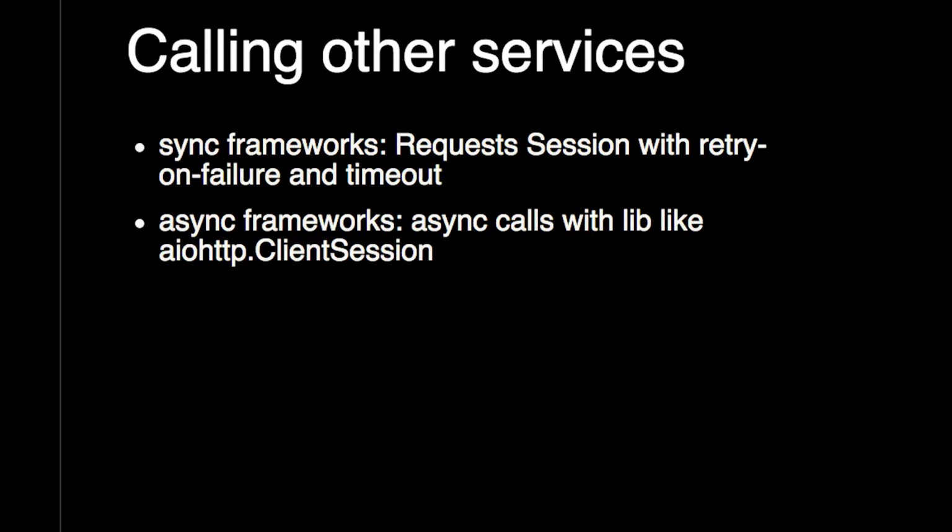Calling other services. If you use something like Flask or Pyramid or Django or anything synchronous, I think requests is the best lib to do it for two reasons. The first one is that the session object in requests is highly customizable.